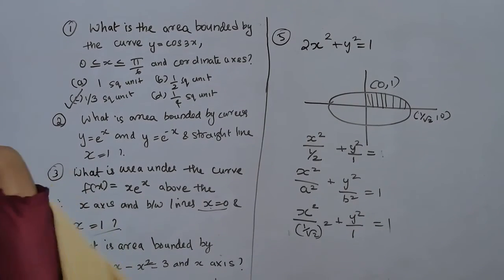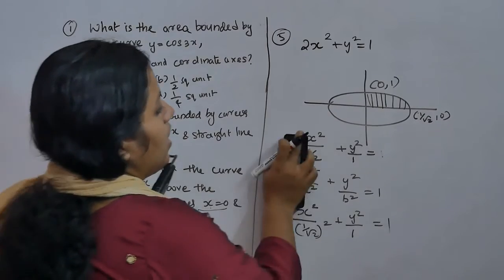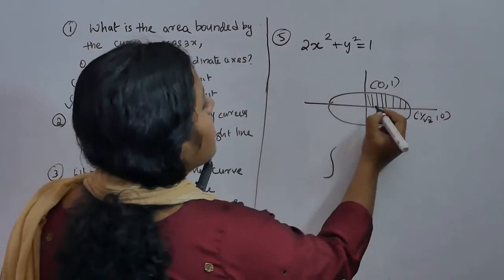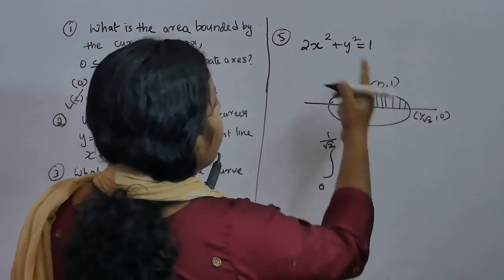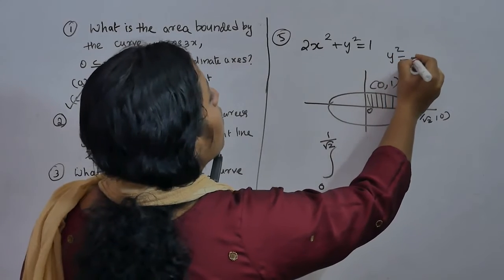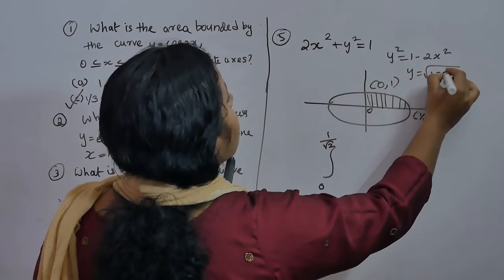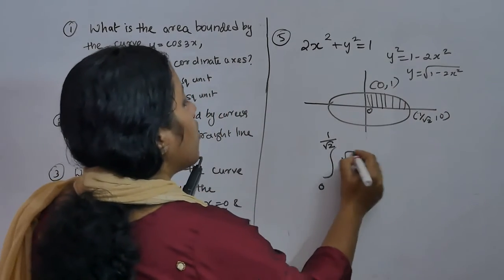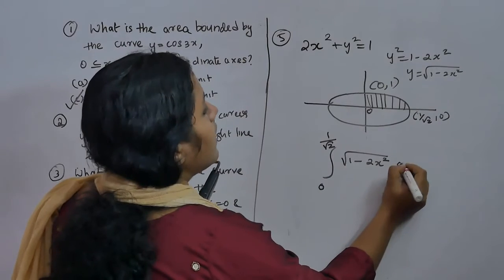Doing this means just apply the integral. That is integral, limit is from 0 to 1 by root 2. What is the function coming over here? That is y square is equal to 1 minus 2x square. So y is equal to root of 1 minus 2x square, so root of 1 minus 2x square dx.